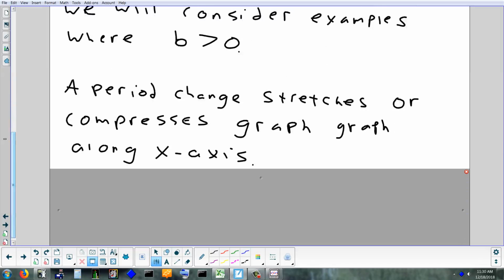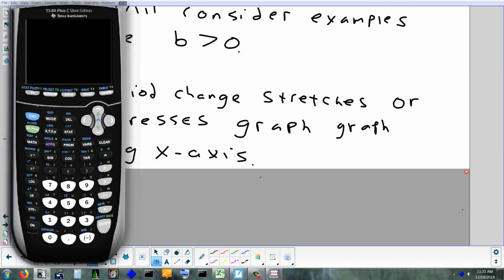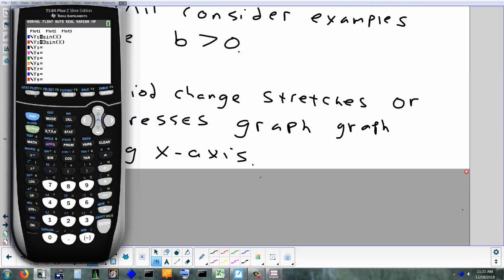So let me type in an example in the calculator and let's see if you can figure out what's going to happen. Let me type in sine x and sine 3x. What do you think the 3 is going to do? Is it going to stretch the graph out 3 times as much or compress the graph 3 times as much? Compress. Compress? All right. Well, let's see what happens.